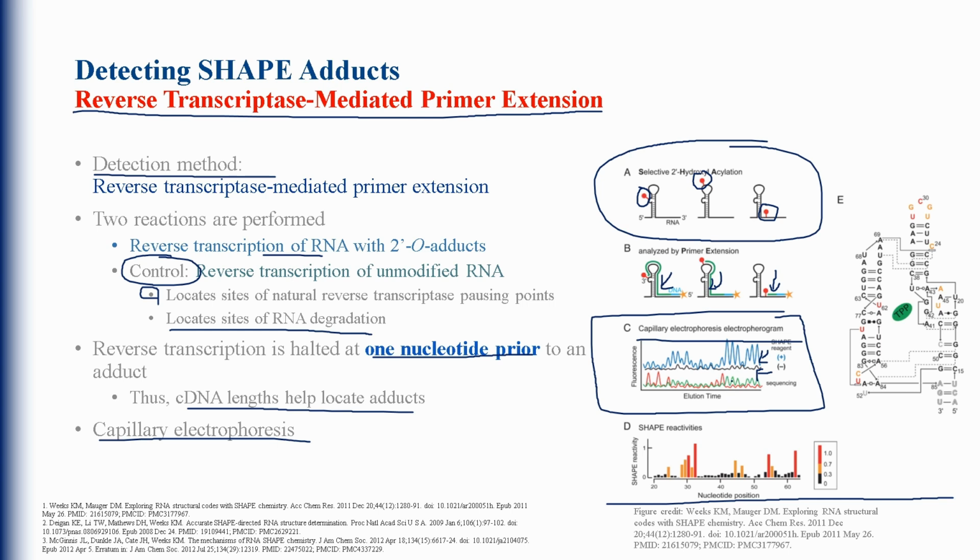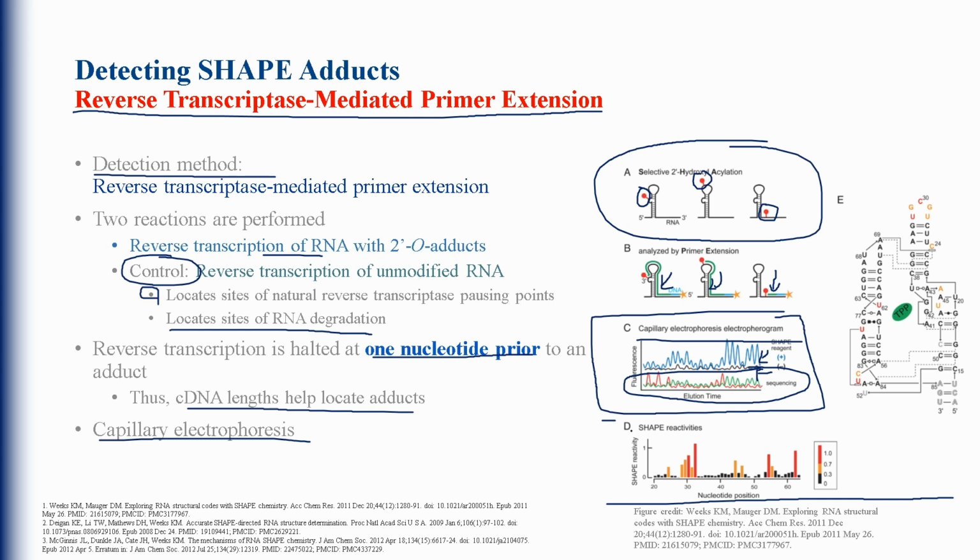And the way we deduce the SHAPE reactivities is basically by more or less subtracting the fluorescence of the reactions whereby we did not introduce any SHAPE reagents, the negative control, from the reactions whereby we introduced the SHAPE reagents. And you can see on the graph in the figure that there is also sequencing that has been performed. So sequencing is utilized so that you can know exactly where those SHAPE reactivities are occurring, or the nucleotide position of those SHAPE reactivities.